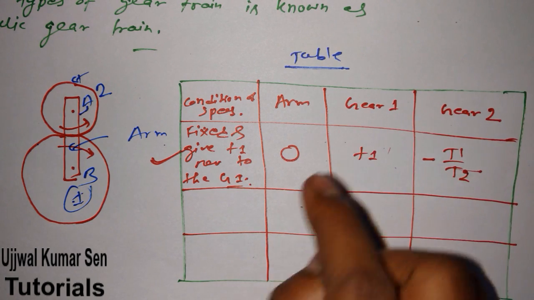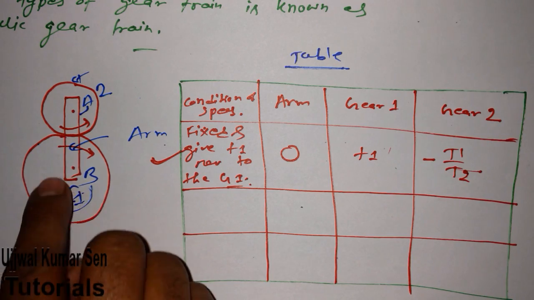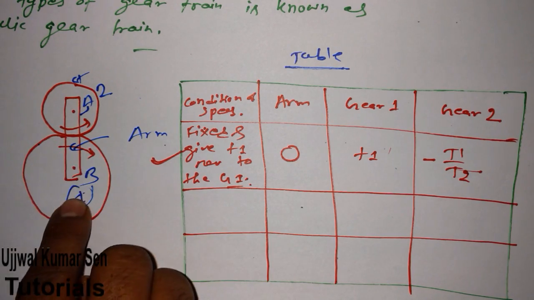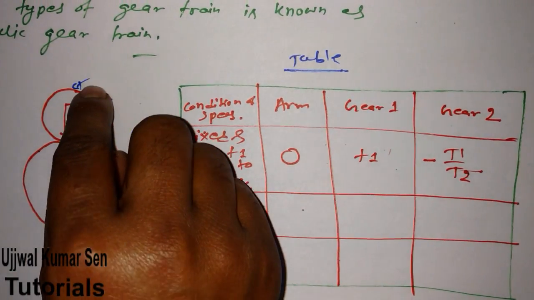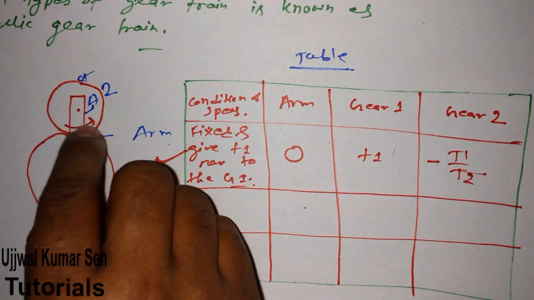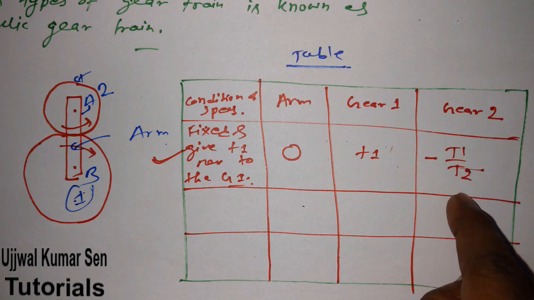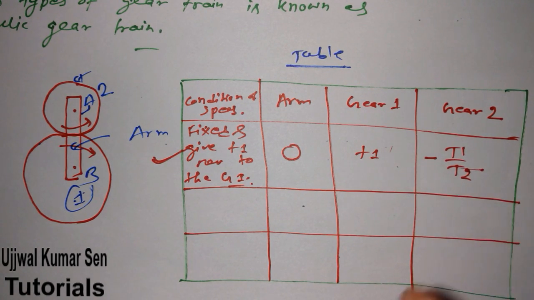That means this is +1. Now gear 1 is moving in this direction, means clockwise direction, then definitely gear 2 will move in the other direction, anti-clockwise direction. Because of that, I have written minus T1 by T2. Got it? Now let's move.